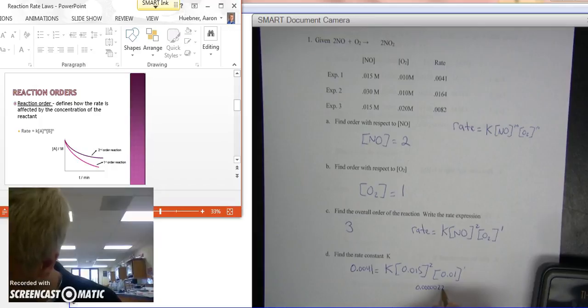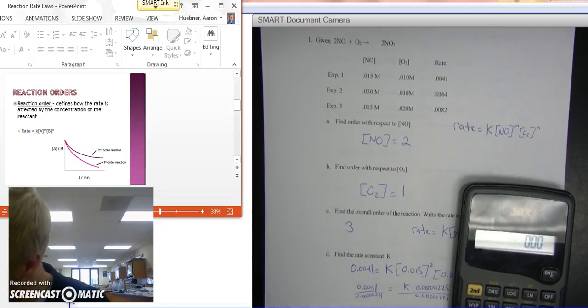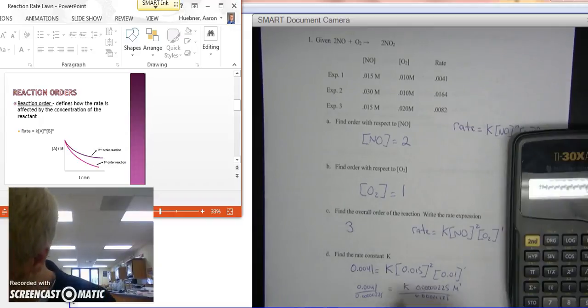Basically, I'm going to divide both sides by 0.0000225. So 0.0041 divided by 0.0000225 gives me a K of 1822.